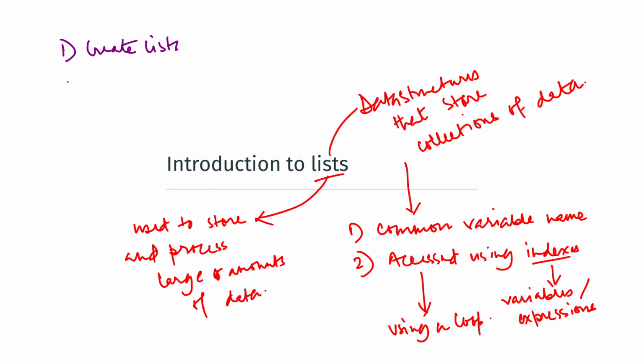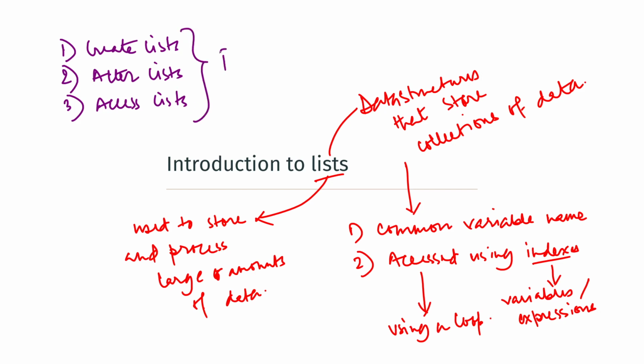We have seen how to alter lists, and how to access a list. So we have seen the fundamental operations on lists. In this lecture, we'll talk about some more advanced operations.